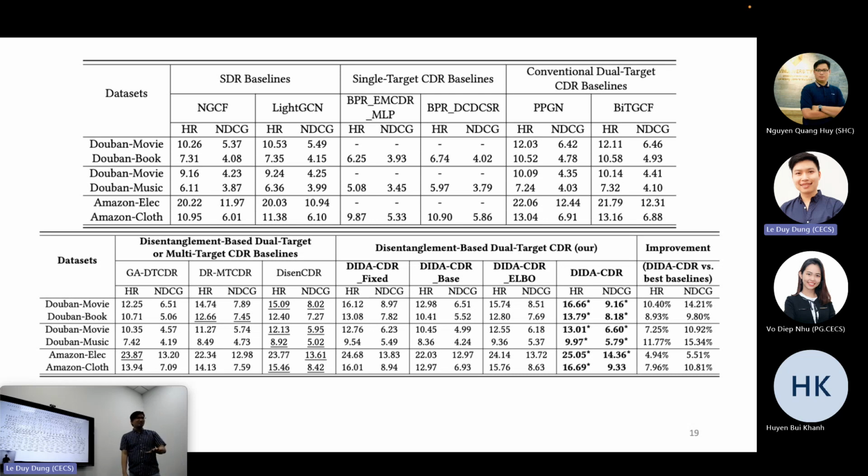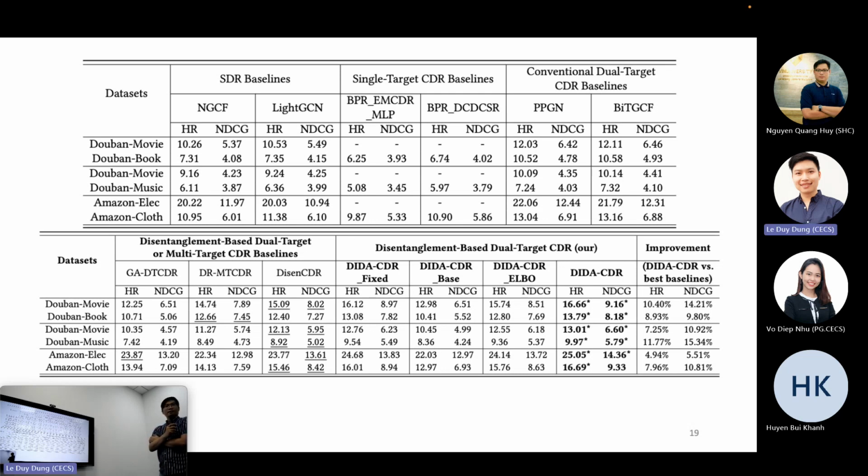I think it's quite obvious. The best hit rate is 15%, right? An increase for the first data set, domain movie. The next one is hit rate about 15.09% in percent CDR, right? And 10.04%.